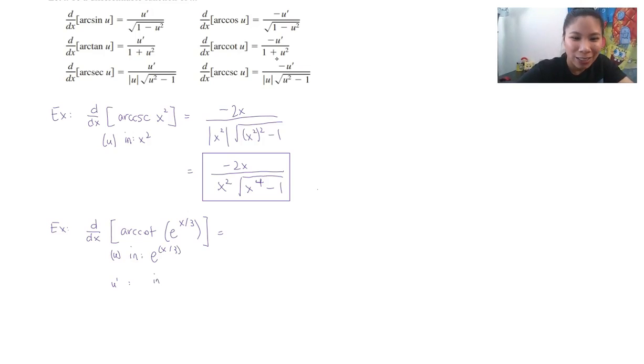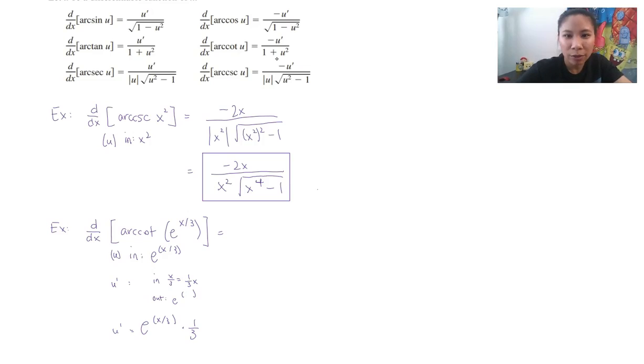If the inside is x over 3, or 1/3 x, then the derivative would be e to the x over 3, multiplied by the derivative of the inside, which is going to be 1/3. Okay, so that'll be u prime.